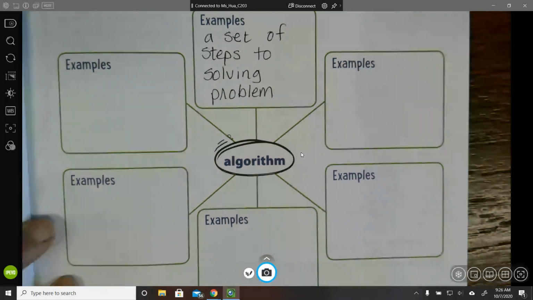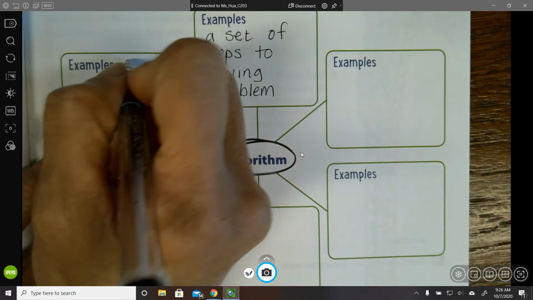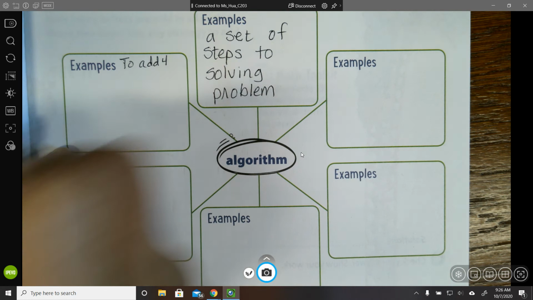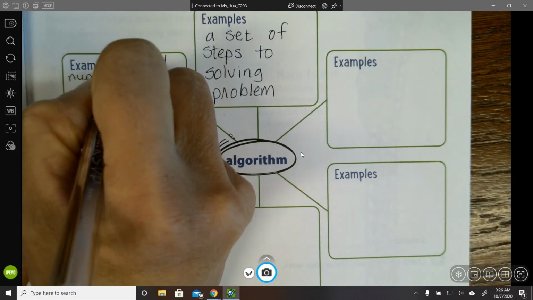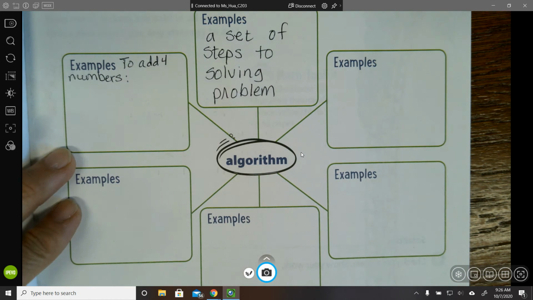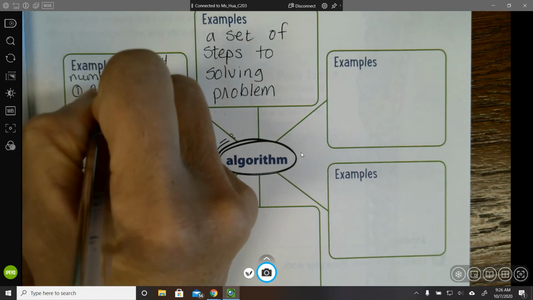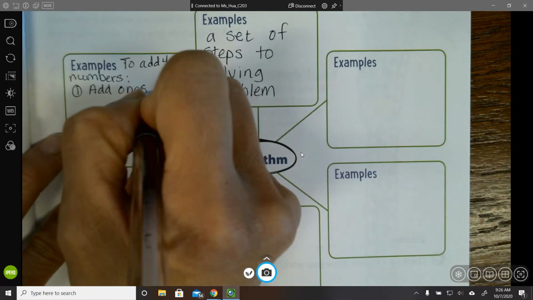problems, many of you realize in order to add four numbers, step one, you add ones, right? You start from the right, add ones.